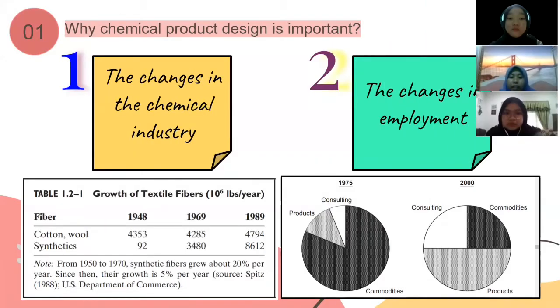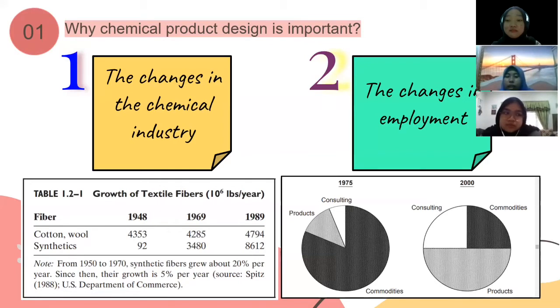And then secondly, the other reason why chemical product design is important is the change in employment. This is because chemical product design can affect the jobs taken by the companies for the graduates. In this case, we can see that when chemical product design is used as an important process to get more profit and increase production of chemical products in industry and the global market, the number of graduates for the job also increases.